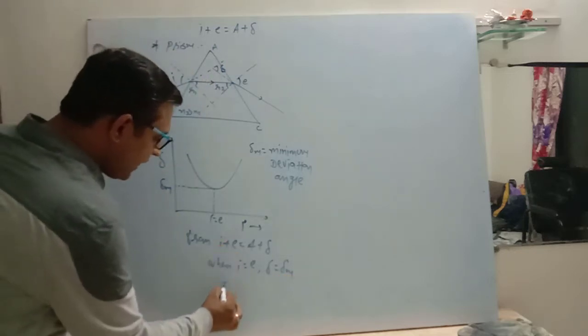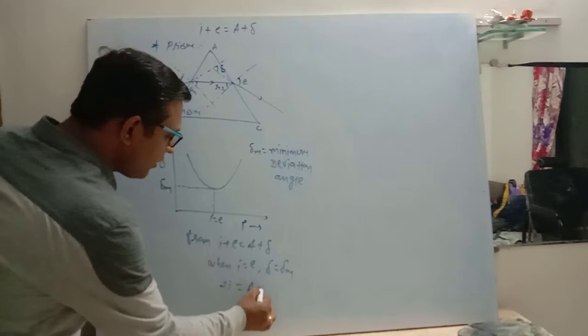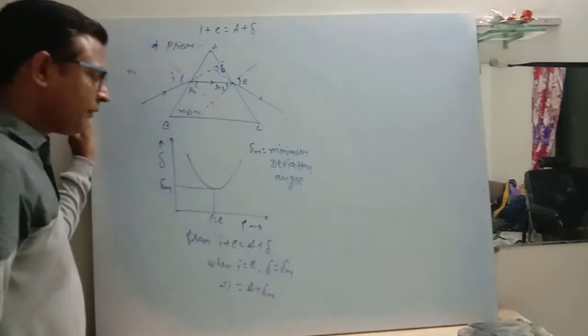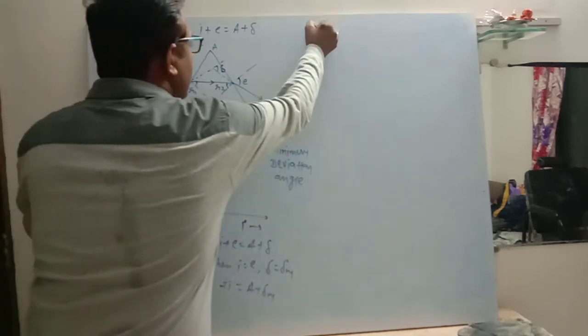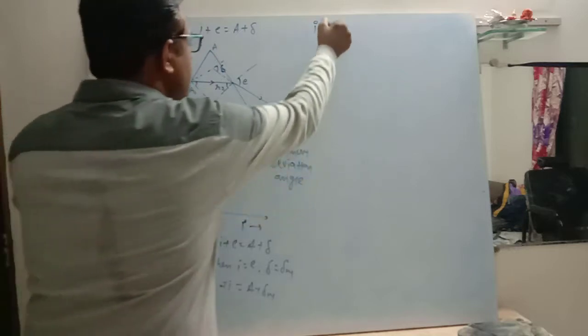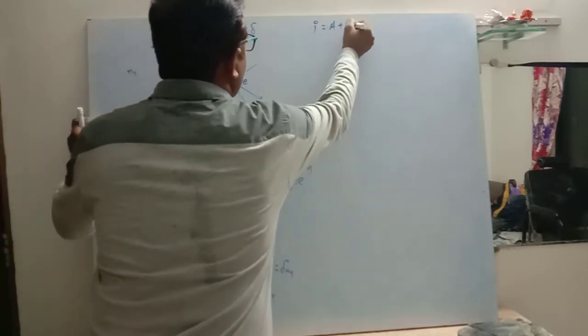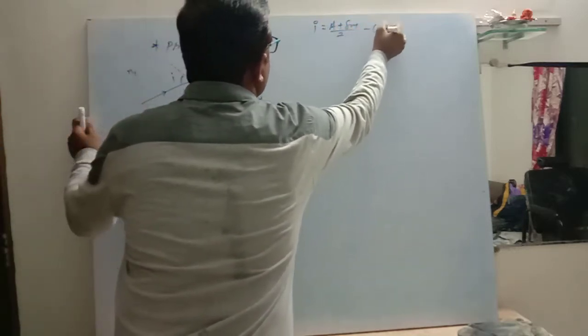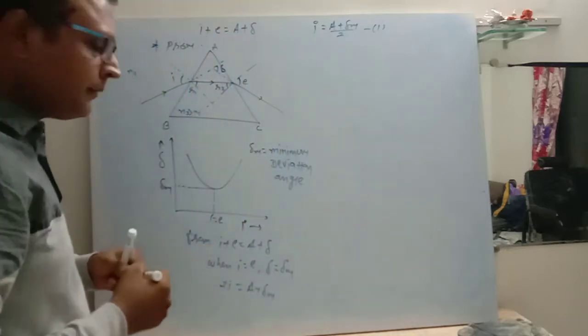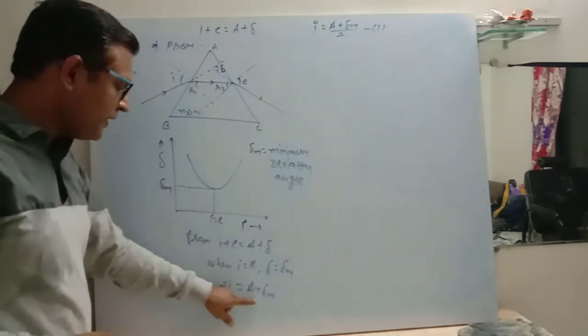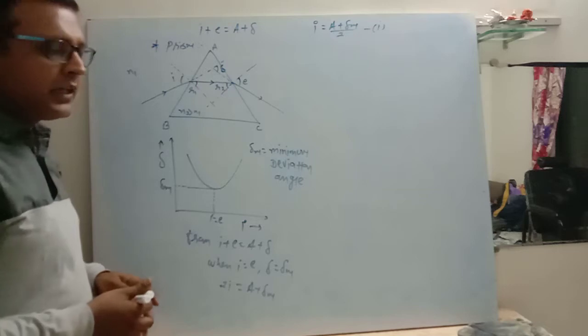That's why 2I is equal to A plus delta M, so the angle of incidence is equal to (A plus delta M) by 2. Say this is equation number 1.